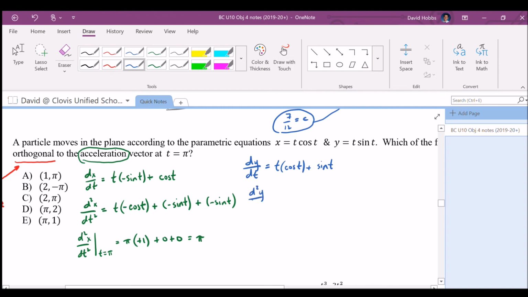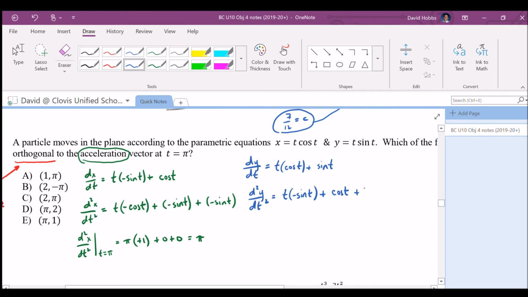And the second derivative of y with respect to t, first times the derivative of the second, which is negative sine t, plus the second times the derivative of the first, which is 1.